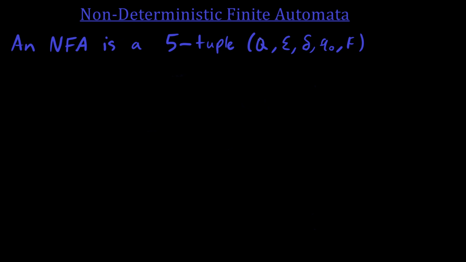So this first part is basically saying an NFA consists of these 5 things right here, Q, sigma, delta, Q naught, and F.